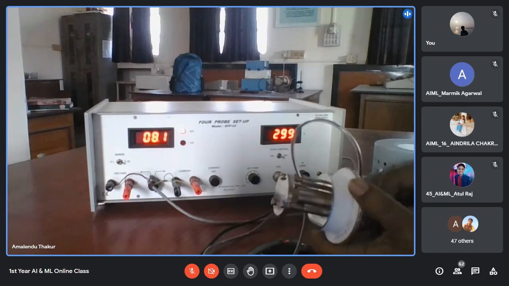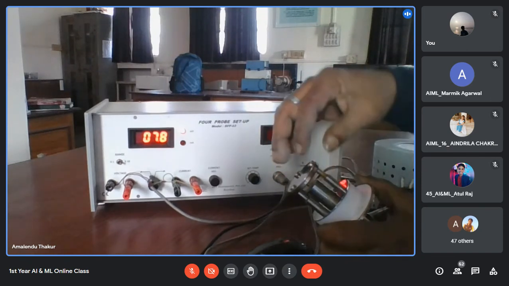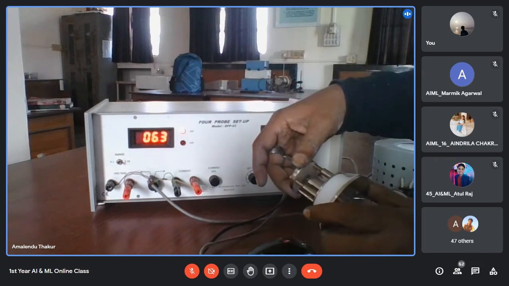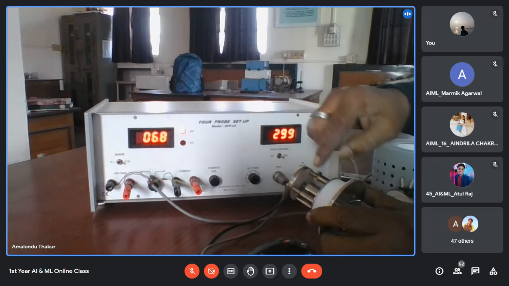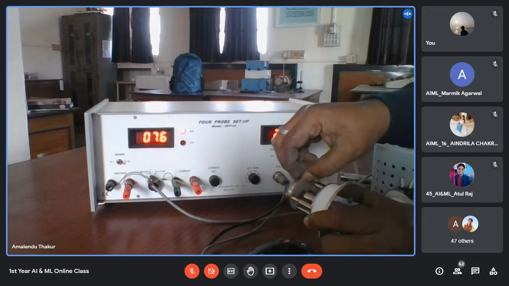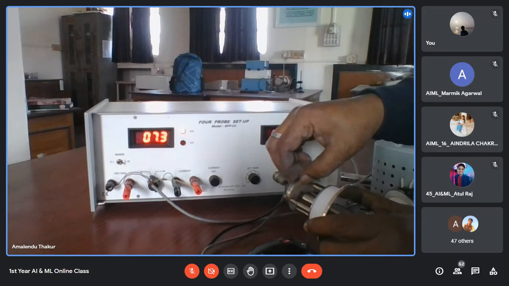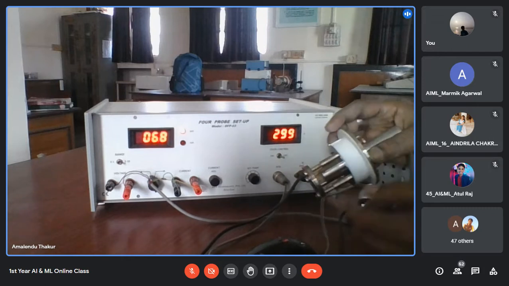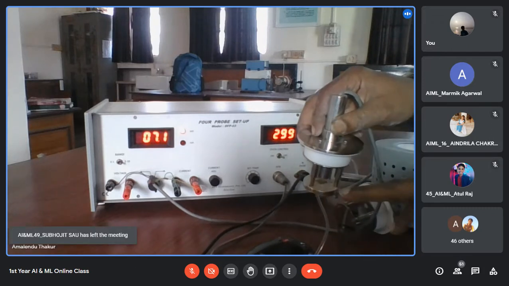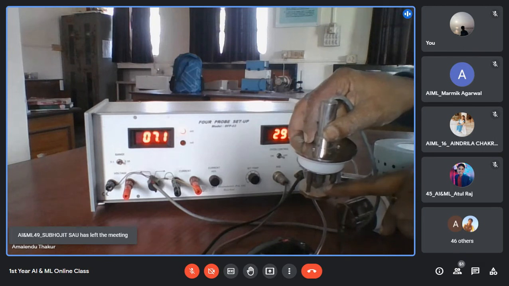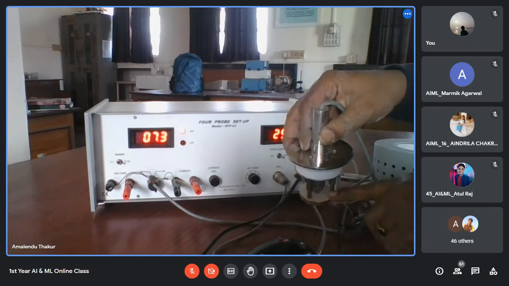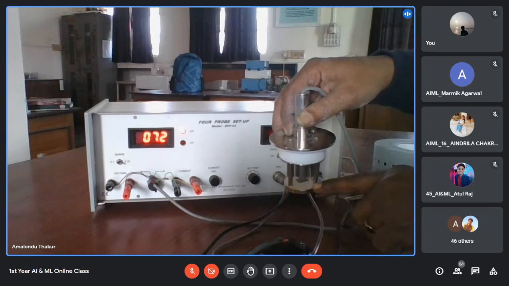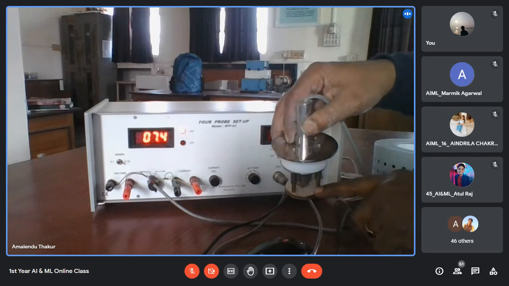Look, it is placed on this flat surface, material surface, but this is not connected with the semiconductor. Insulator type material is here. On this insulator type material, the semiconductor chip is placed. Is it visible to everyone, students, the semiconductor chip?